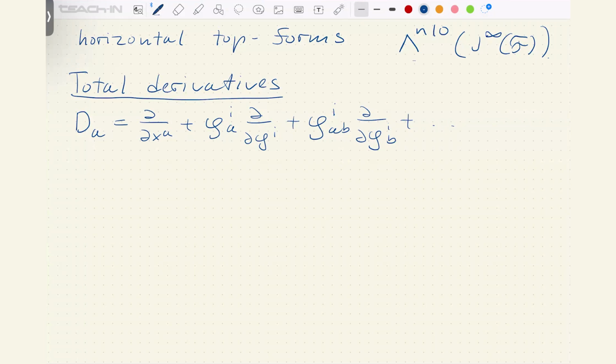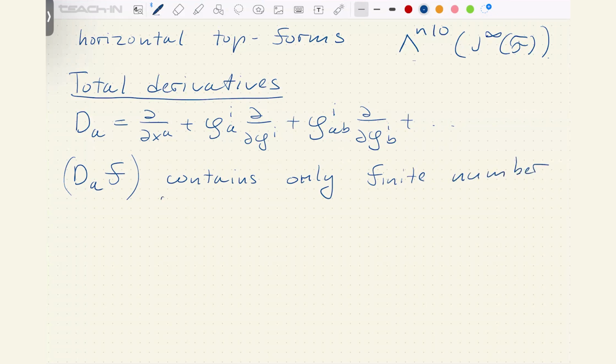But when we act on the local functions, then this expression contains only a finite number of non-vanishing terms, right? Because f depends only on derivatives of finite order.